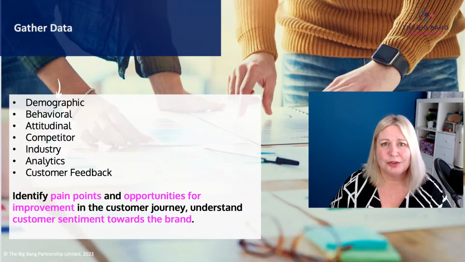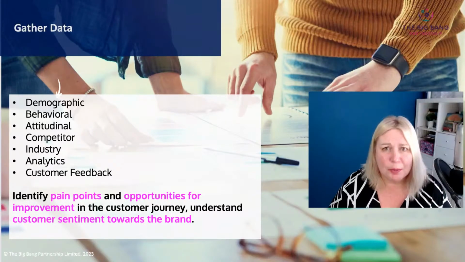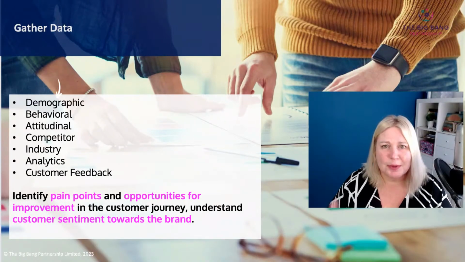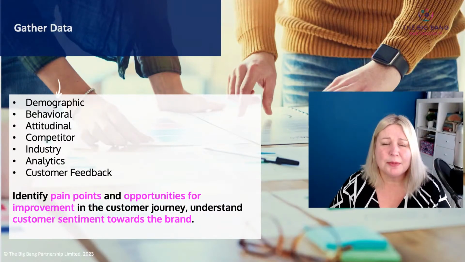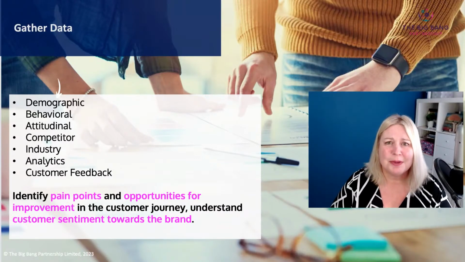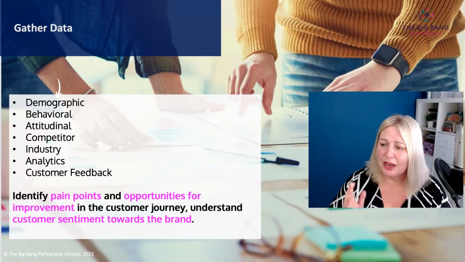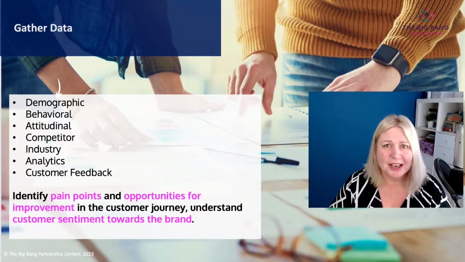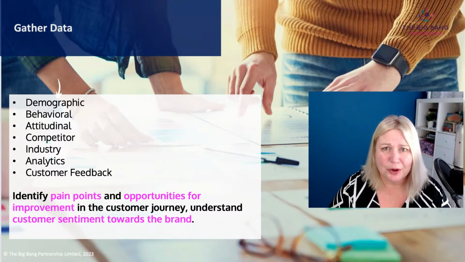For competitors, you can do mystery shopping and go and experience that for yourself as a customer would. And you can do that for your own business, actually. I do recommend that you mystery shop as a customer and do it yourself, including if and especially if you're the boss.